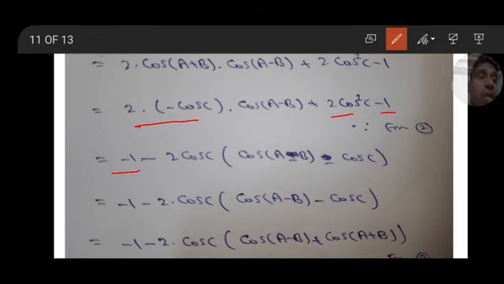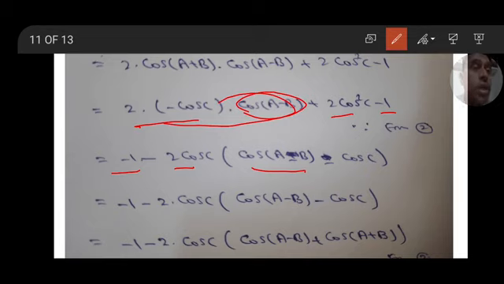Minus 2 cos c is common, so we get cos of (a minus b) minus cos c inside. Next, minus 1 as it is, minus 2 cos c times cos of (a minus b) minus cos c. So again we have minus cos c.